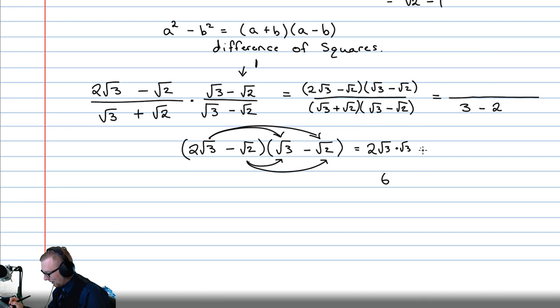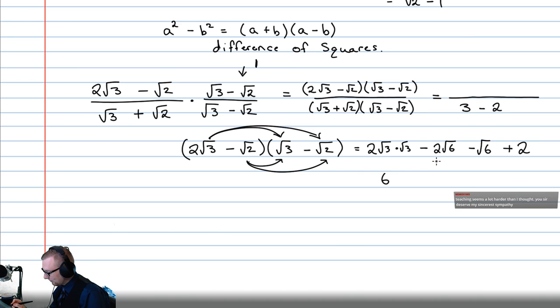Negative. So negative 2 root 6. And the next one. Negative 2 and 3, it will be negative 6. Negative root 6. And the other one will be positive 2. Plus 2.